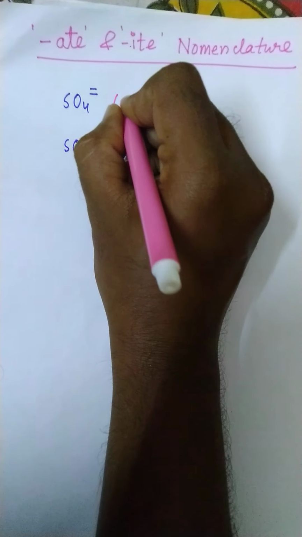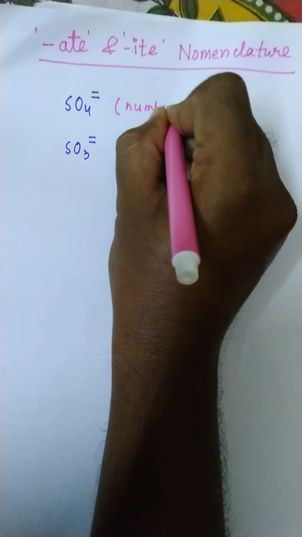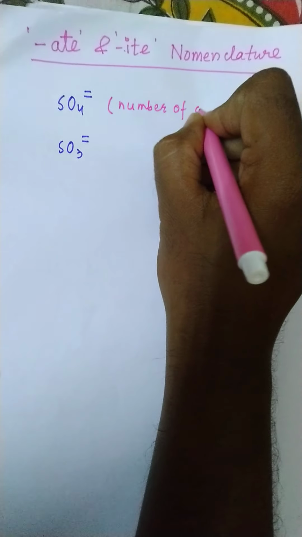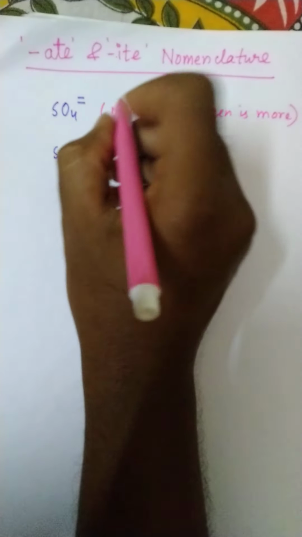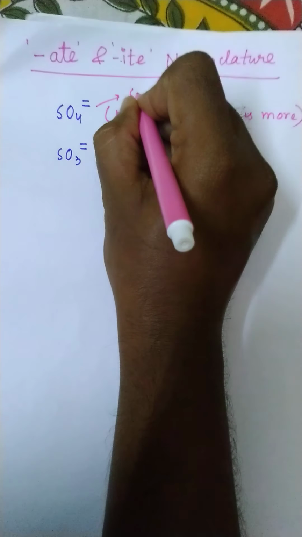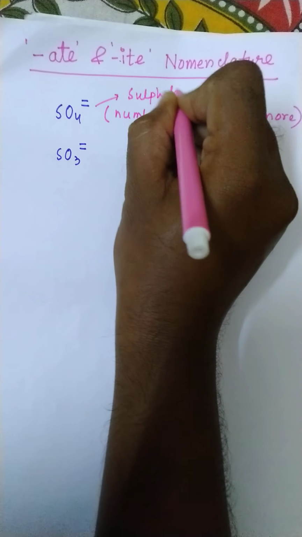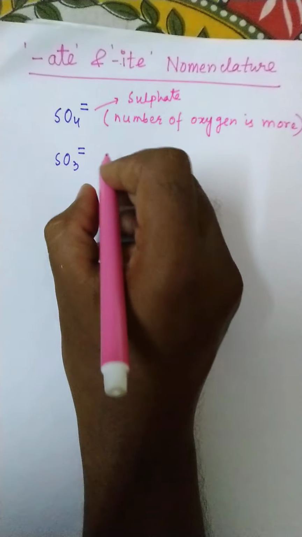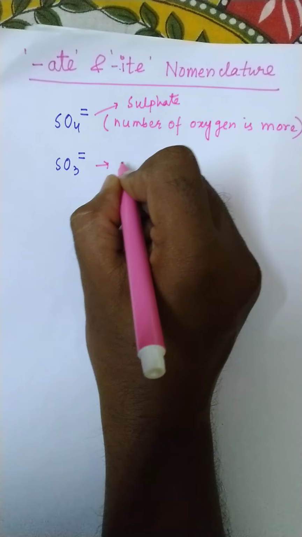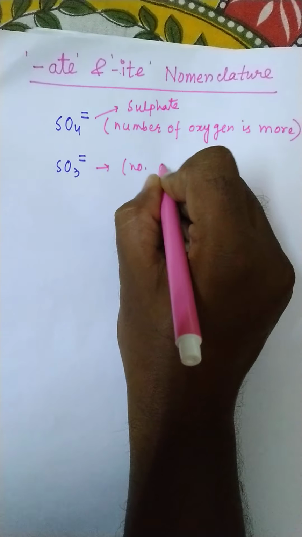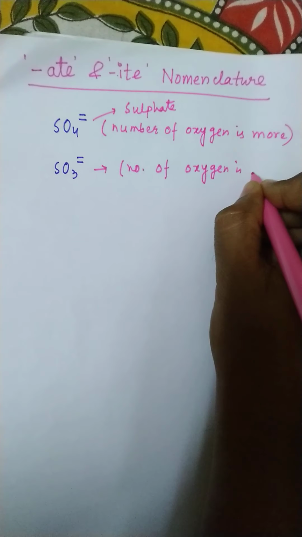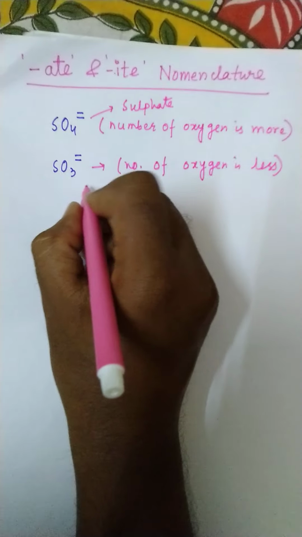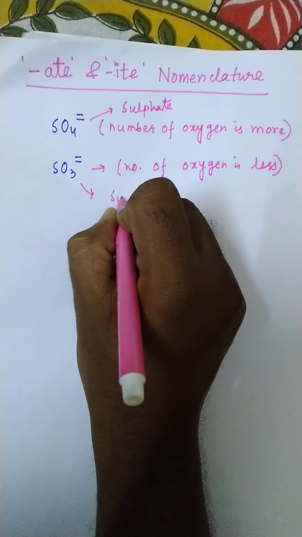So here the number of oxygen is more, that's why it's known as sulfate. And here the number of oxygen is less, so that's why it's known as sulfite.